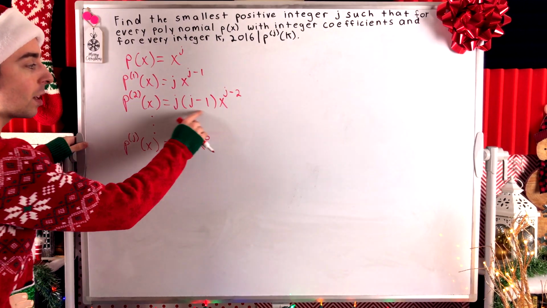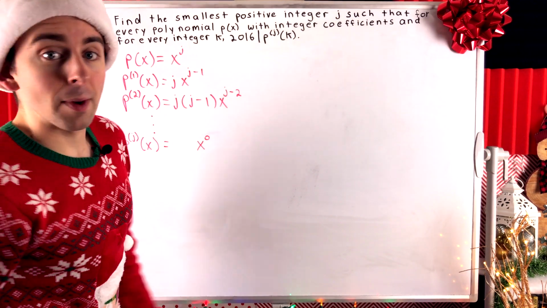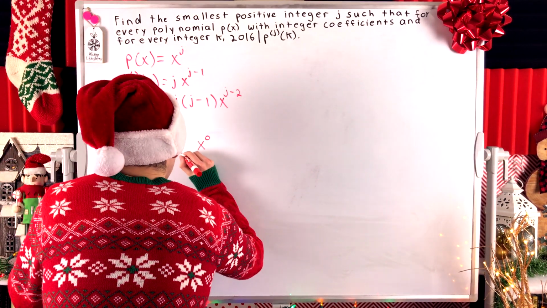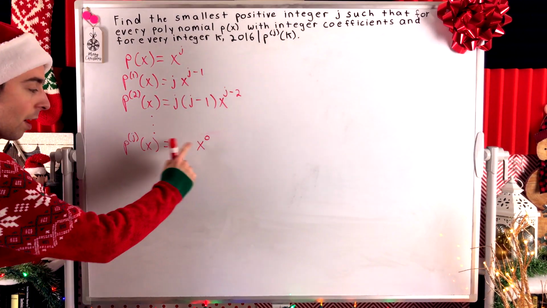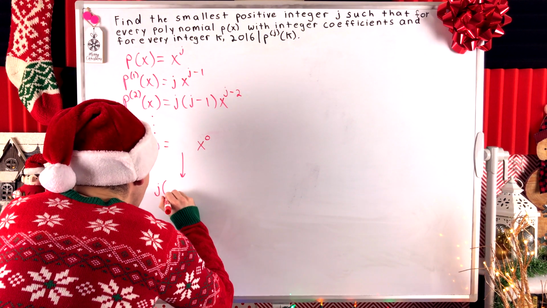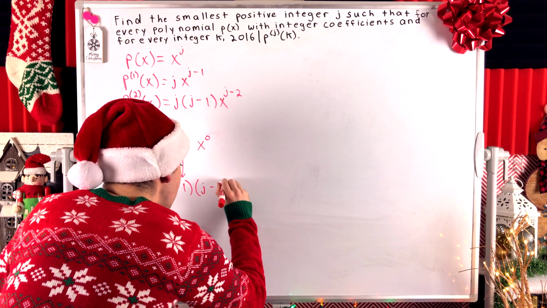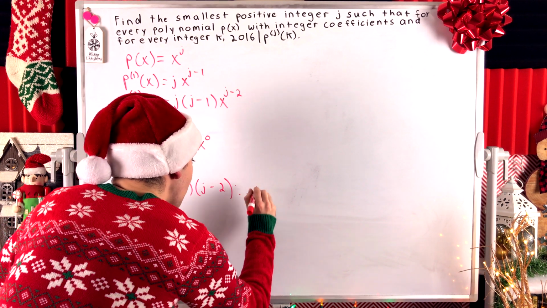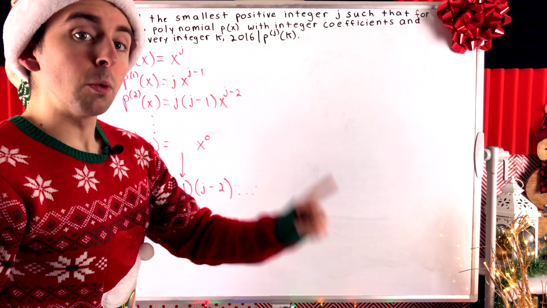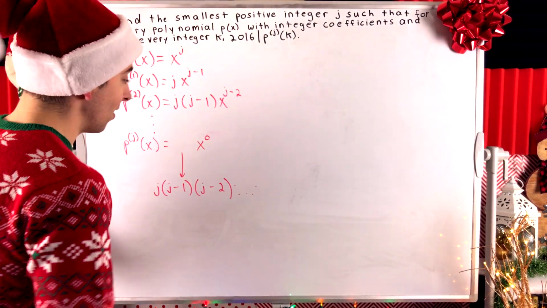The last factor here is j minus 1, which is 1 greater than the exponent of j minus 2. So the point is, the factors that we're going to have making up our coefficient is j times j minus 1 times j minus 2, and so on, all the way down to the last factor, which will be 1 greater than the exponent, that's 1 greater than 0.